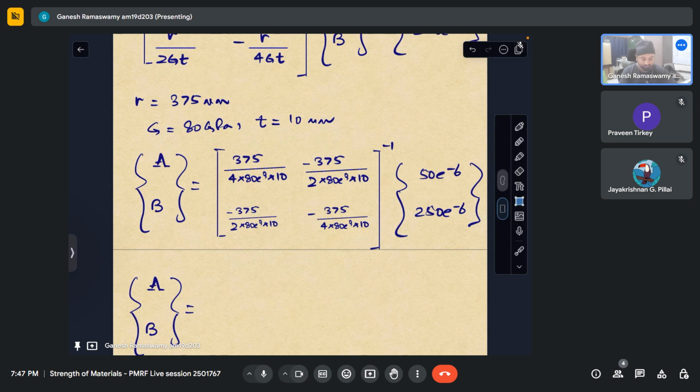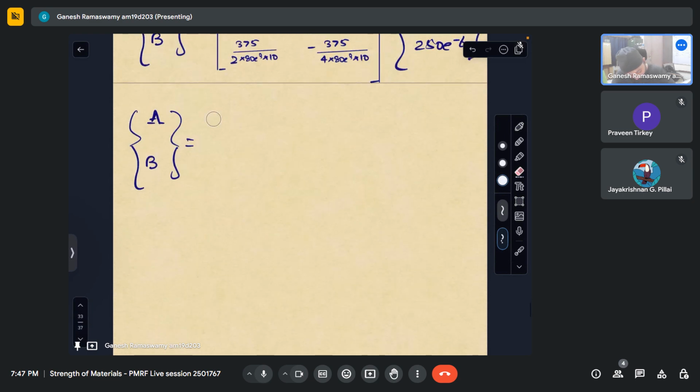I'm sorry, here there won't be a minus. Minus 375 by 4 into 80E3 into 10. Very well. This is 50 e power minus 6, 250 e power minus 6. Inverse of this gives me 1.28.